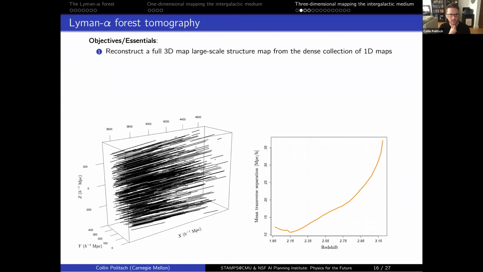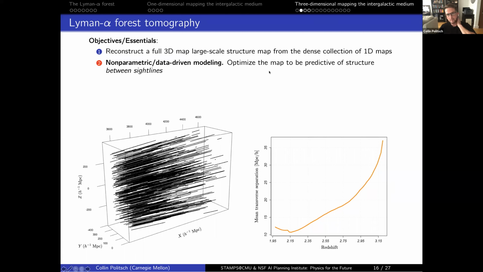We're averse to those strict assumptions. Especially since this is a recorded talk, I'm not going to call out any particular literature, but we're averse to making probabilistic assumptions because in general they're not very reasonable. Instead, our approach is to optimize the map to be predictive of structure that lies in between the sightlines.